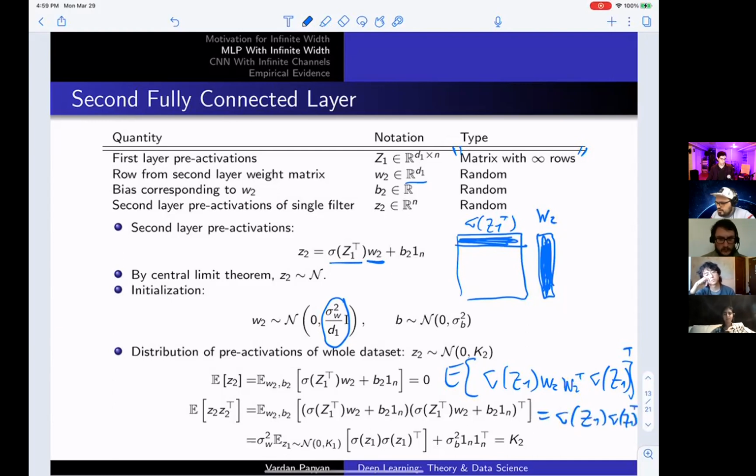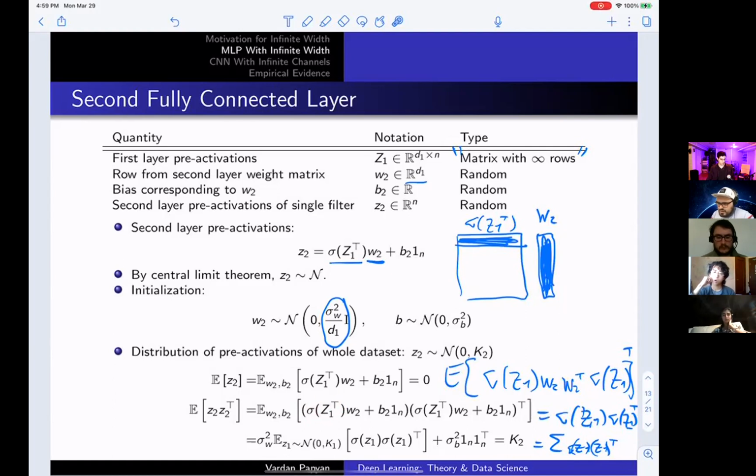transpose. But because Z1 is a matrix, then you can write this matrix multiplication as a sum over the columns, lowercase z1 transpose with a sigma, right? So basically here in this equation, it's capital Z, so it's a matrix, right?